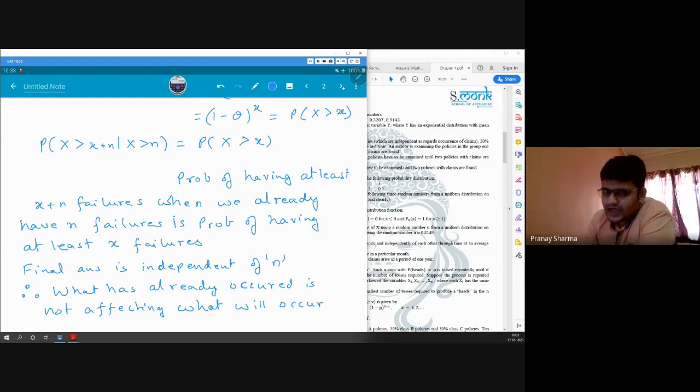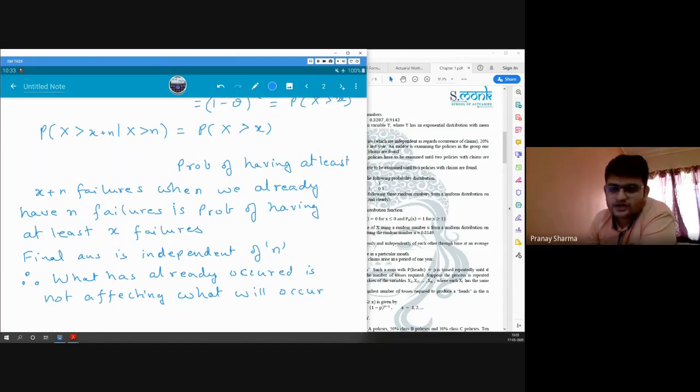I can have n as 2, n as 5, n as 10, n as 200, it does not matter. My final probability will not change. It is not at all dependent on the value of n. So what has already occurred is not affecting what will occur in the future.